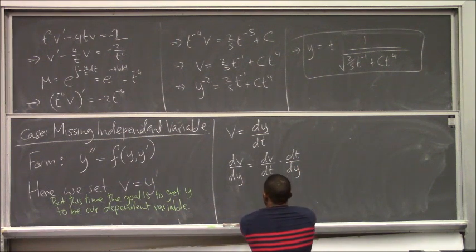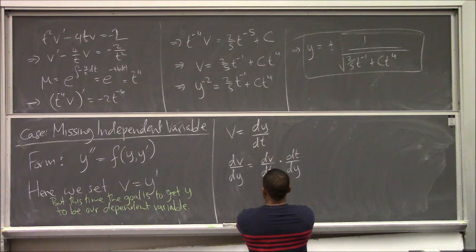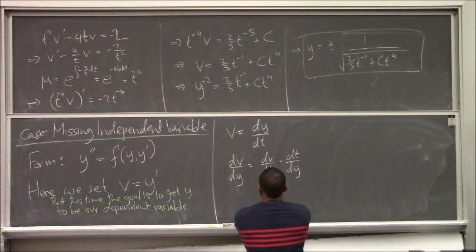Is that the substitution I want to make? Because we don't know what dt dy is. Well, it's 1 over dy dt, but I don't think that's what I want. I want to actually get that dy dt back.